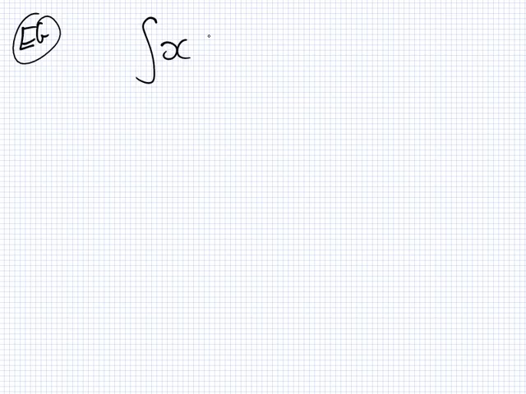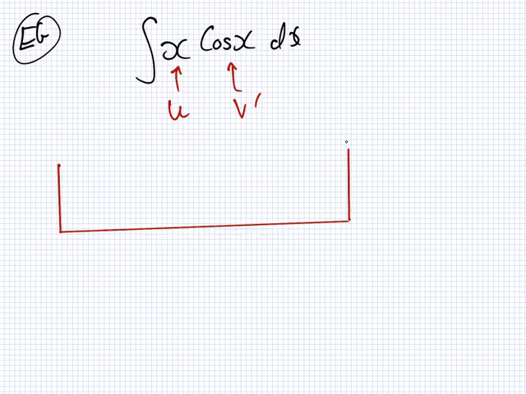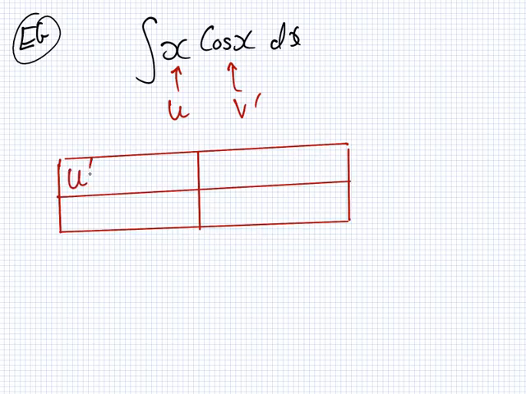The integral of x cos x dx. So what you do is you call this one u and this one v derivative. And I'd like to make a table. Here I write u, u derivative, v derivative, v.